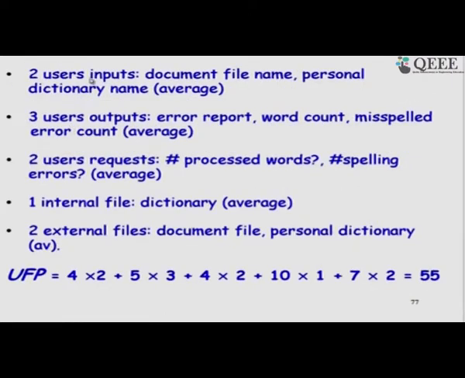So, there are two user inputs, because we have to specify the name of the file. The user should have created the document file and the personal dictionary, and the first thing to do is give the names of these two files, so that the software can open them.